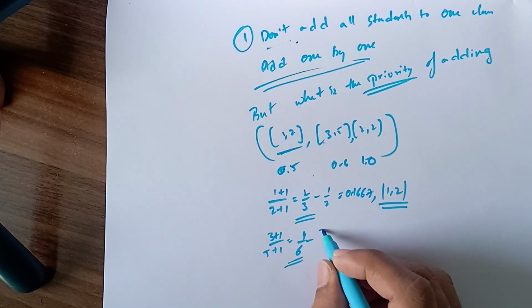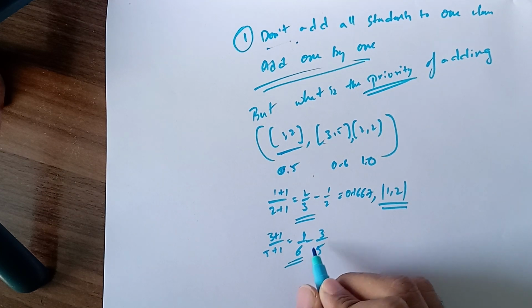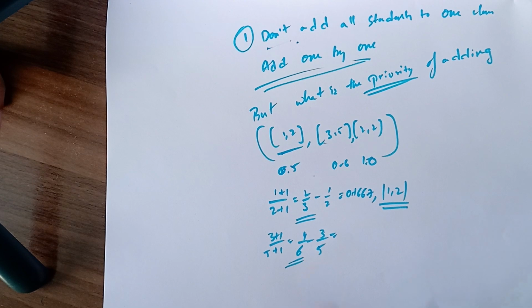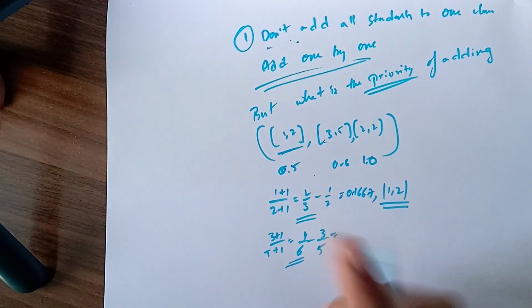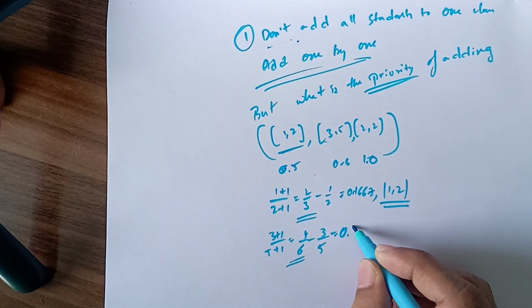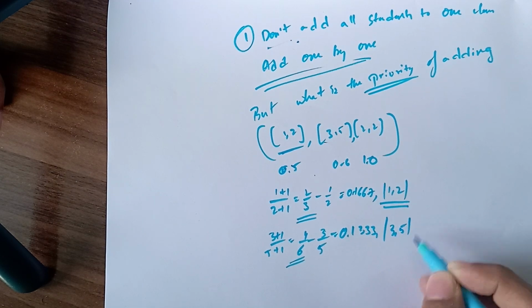But we need to remove the initial 3 by 5 to get the profit. What is the profit if you add one student? It will be 0.1333.